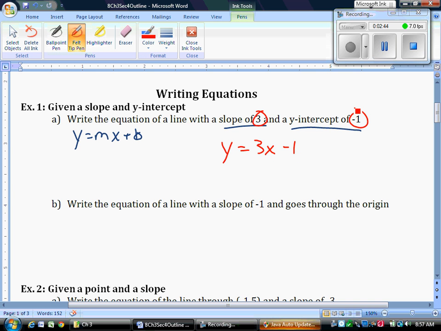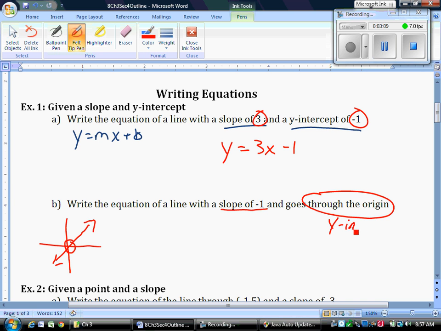For the second example, a slope of negative 1 that goes through the origin. If we take a real quick look at what that would look like, there's our graph. If that's our line, it's going through the origin. What does that tell me the y-intercept is?